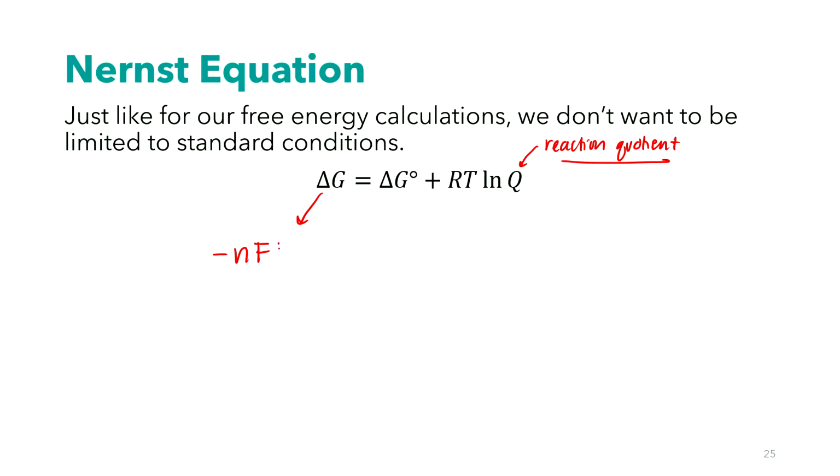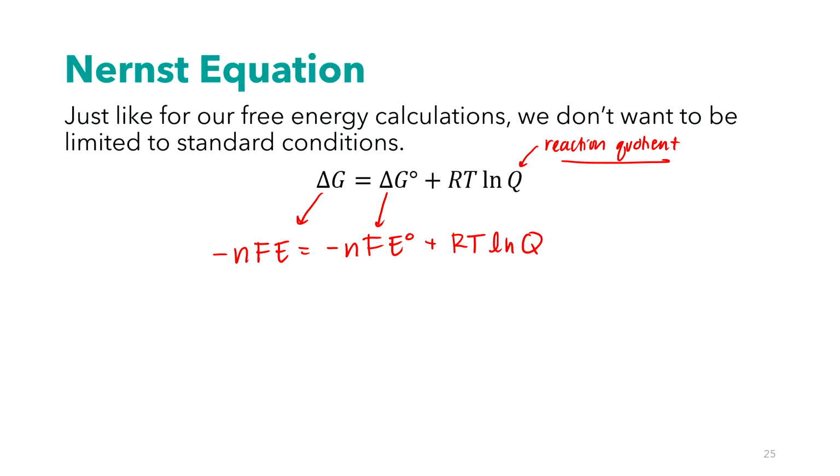But now we know that delta G equals negative NFE, which equals negative NF standard E. So now that's how I'm going to make this connection. I'm going to plug in our value of delta G using our E cell.